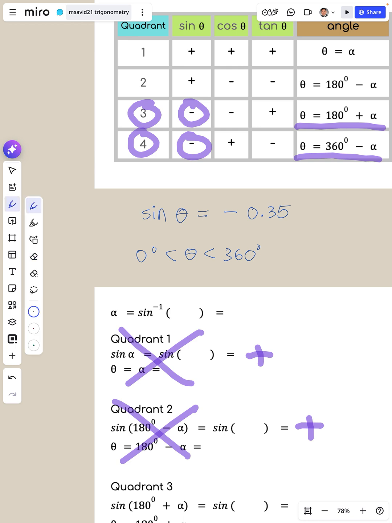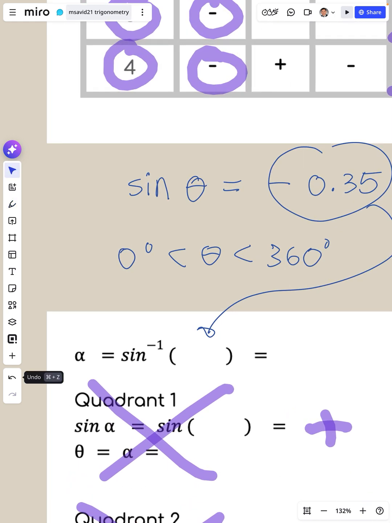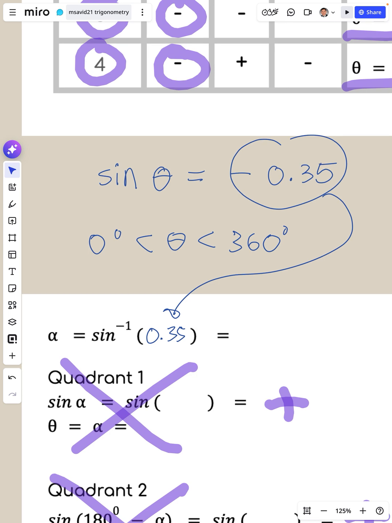Next step, we must find alpha. How to find alpha? We do inverse sine. Now this is a trick. Don't put the negative sign. Put the positive value: inverse sine 0.35. That's the value of alpha. Then we press the calculator, inverse sine 0.35, and you get 20.49 degrees.